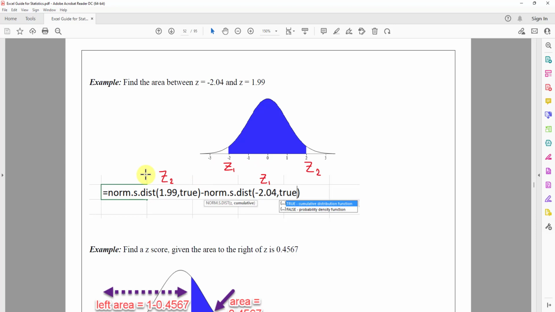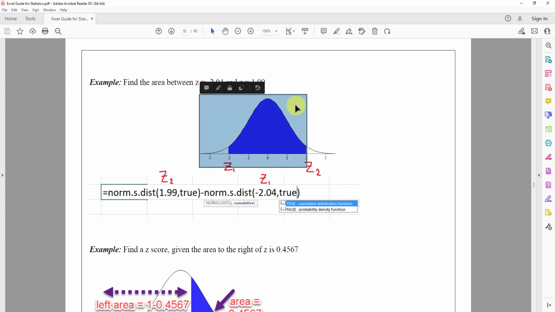Remember, the normal distribution function only returns the value on the left side. So looking at the first expression, norm.s.dist at the point Z2, 1.99, will give me the area on the left side, like this one.